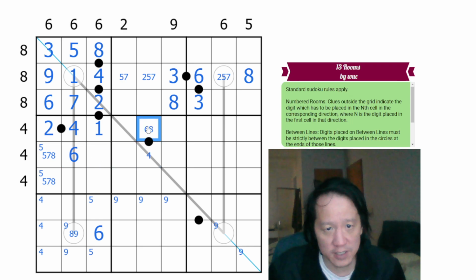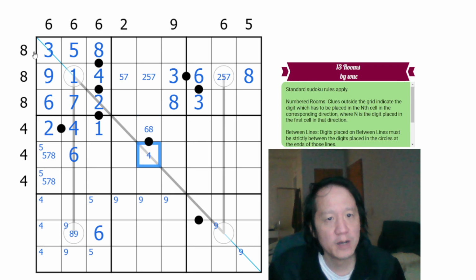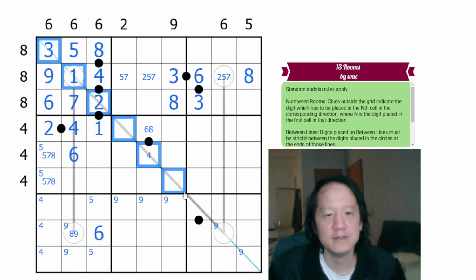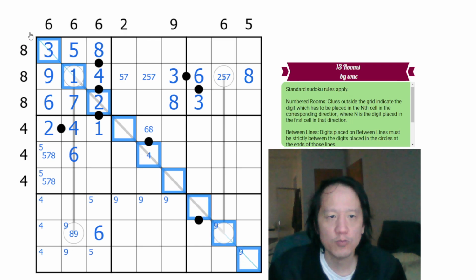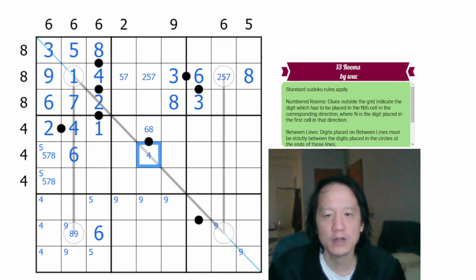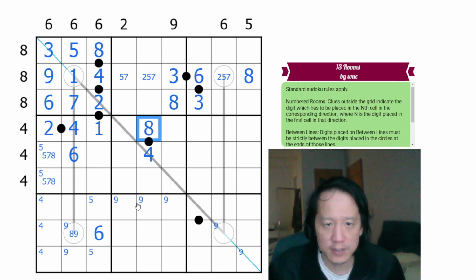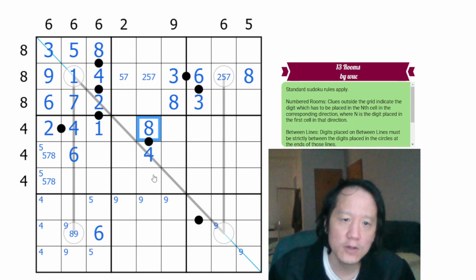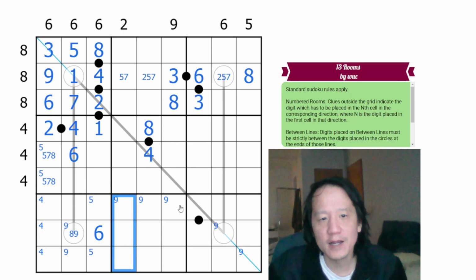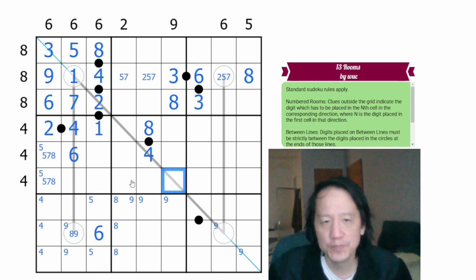If this is 6, this would have to be 3, but again, on this negative diagonal, we cannot have a repeat. So the 3 eliminates that from being a 3. Therefore, that forces this to be 4 and this to be not 9, but 8. So we therefore know the 8 has to be one of these 3 cells in column 4.